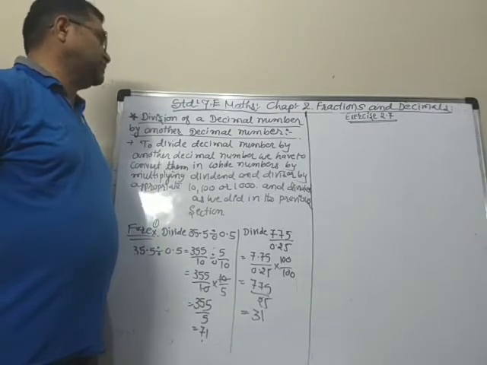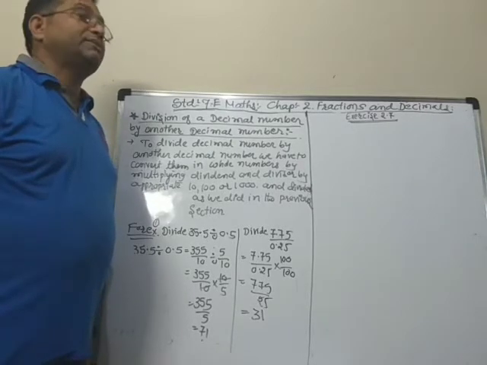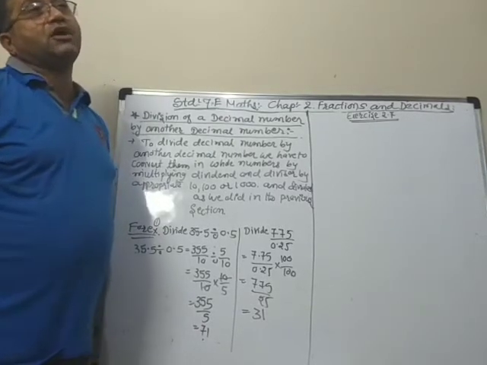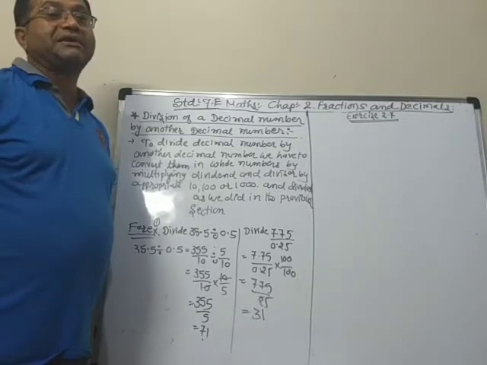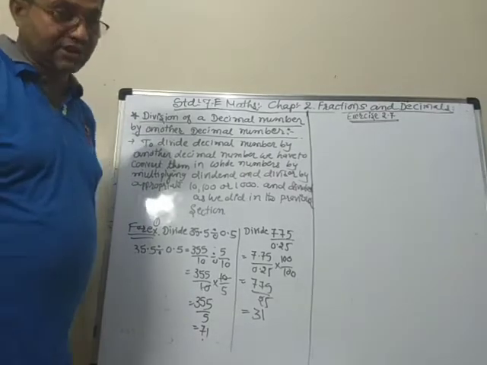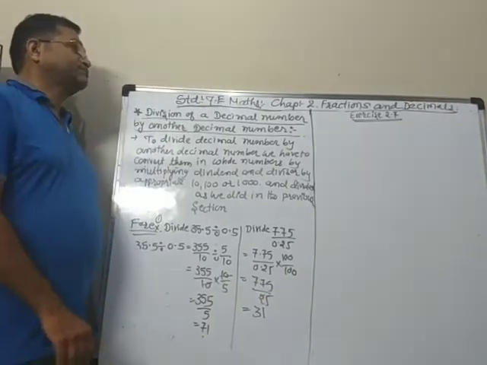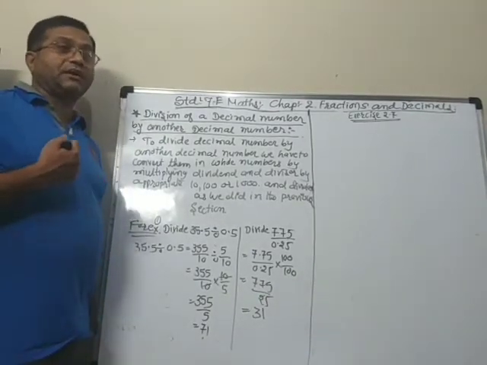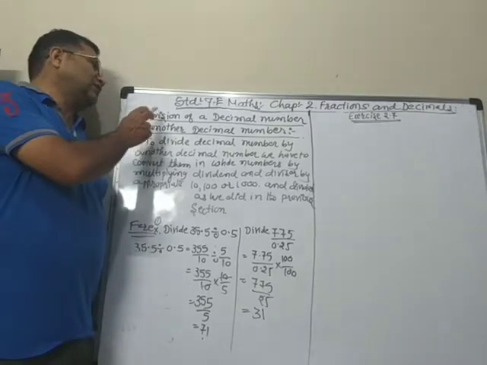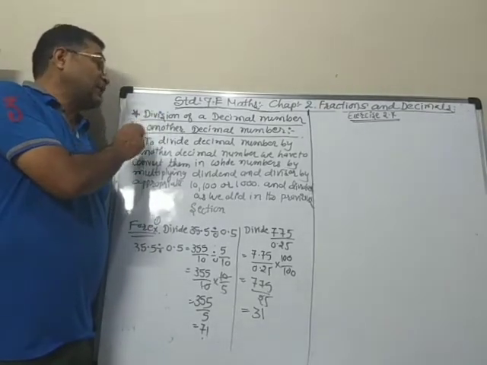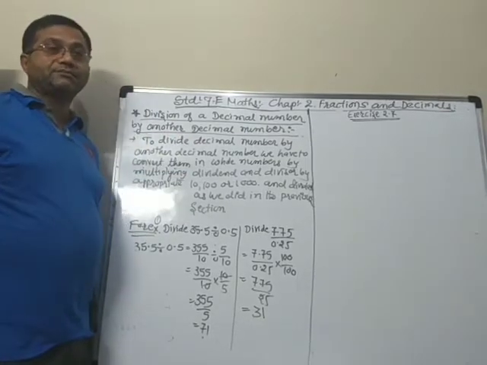Now, in the division, in the previous video we learned about the division of a decimal number by 10, 100, 1000, etc. Also we learned the division of a decimal number by a whole number. Now, we have to learn about the division of a decimal number by another decimal number.